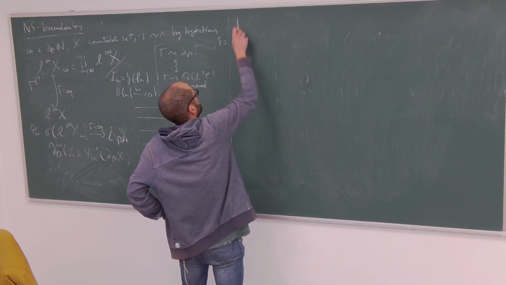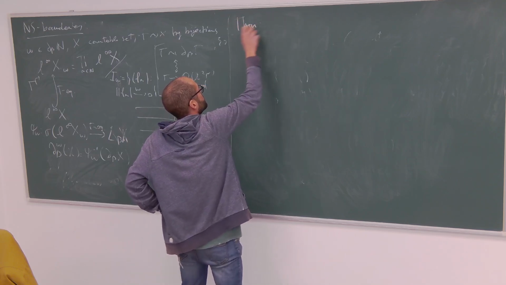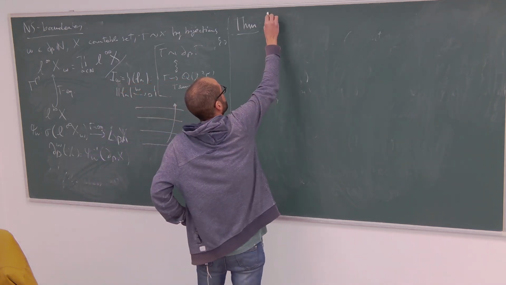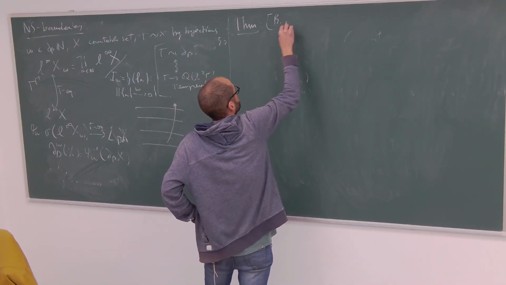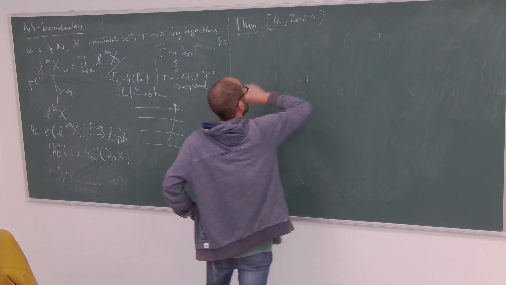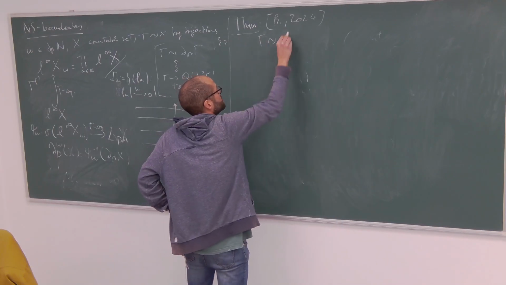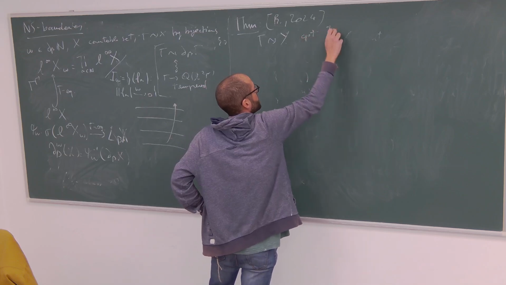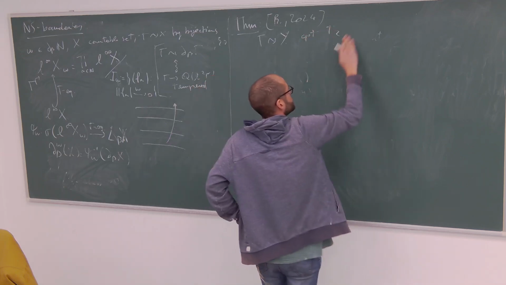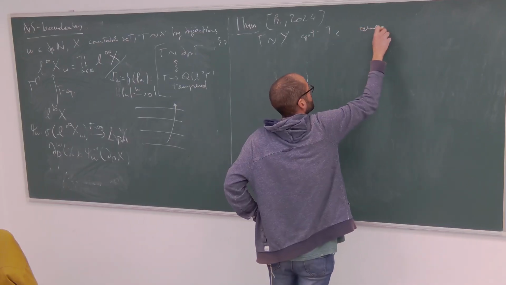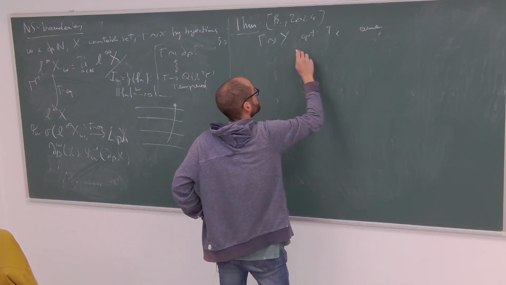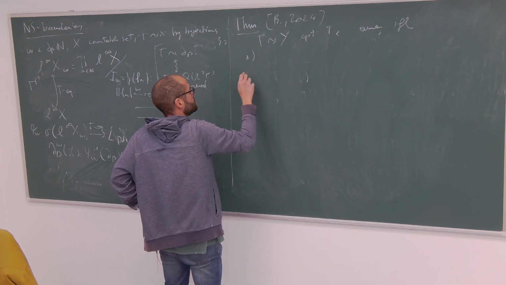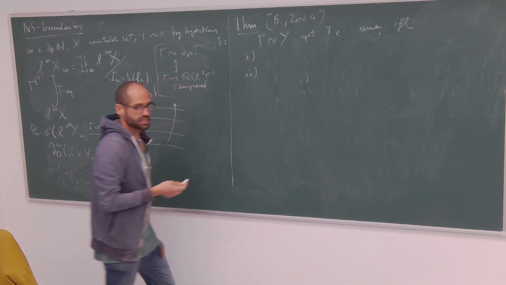First of all, one thing that is maybe important to mention is that in general, if we have gamma acting on a compact Hausdorff space and we ask whether this action is amenable, this is equivalent to two properties being satisfied.